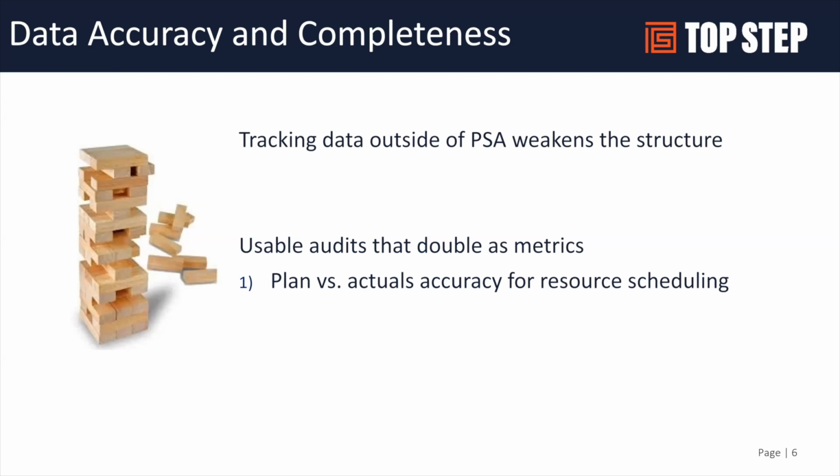And then we run reports weekly to see how did we do last week versus what did we plan versus what did we actually enter from a time perspective. And you're looking for big gaps. I'm not looking for little gaps. I'm looking for where someone didn't work at all where they were expected to, or someone worked where they weren't expected to, and trying to understand those big gaps and the cause of those big gaps, and then make adjustments on those.